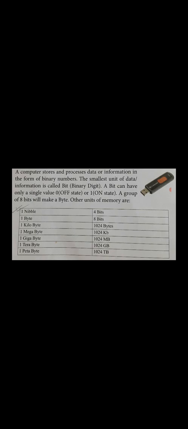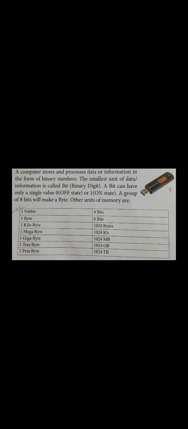If we have a huge amount of data, we can calculate with the units of megabyte, MB, GB and TB. And if we have less amount of data, we can calculate with the help of units, that is bits and bytes. That means 1 nibble means 4 bits, 1 byte means 8 bits, 1 kilobyte means 1024 bytes.